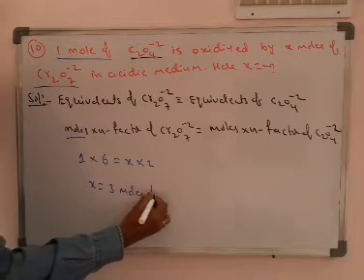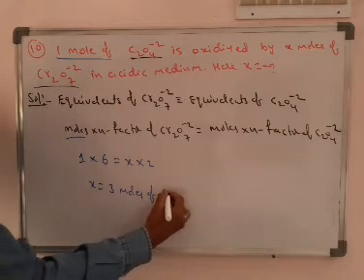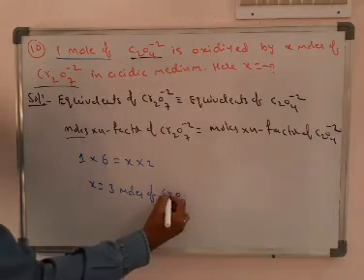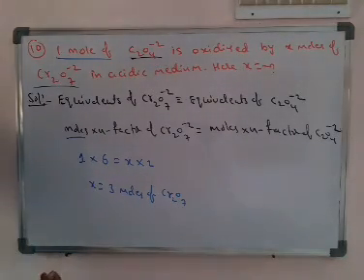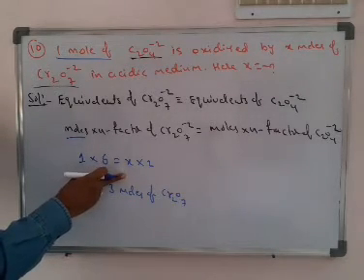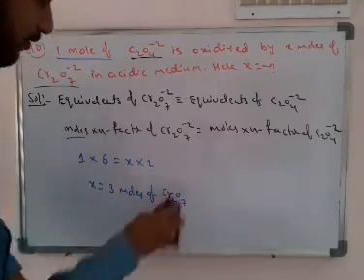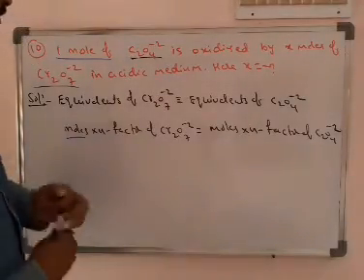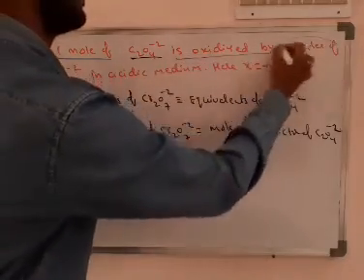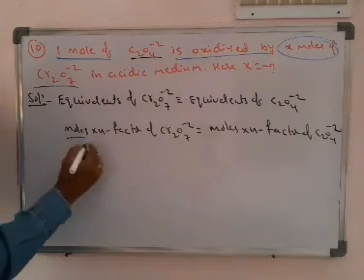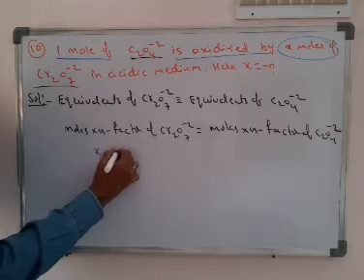So what is x? Sorry, the problem is different. It is oxidized by x moles of dichromate, meaning dichromate moles is X, and the N factor equals 6.